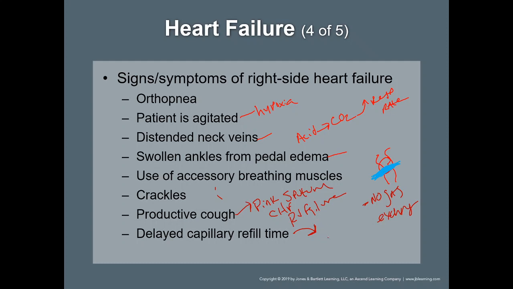Well, sometimes it can be, but most of the time it won't be. And the reason why I say that is because these patients will be extremely hypertensive. And why? Well, right-sided heart failure. Okay, so if the right side, if we're theorizing here, okay, we're theorizing.